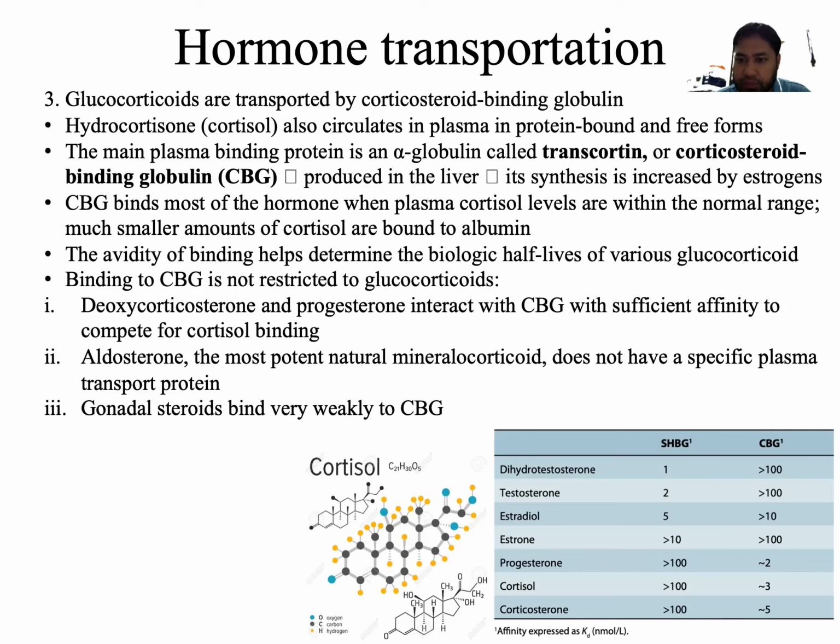You can see SHBG is a glycoprotein. They are binding globulins, meaning they are transport proteins. They can carry only one molecule of dihydrotestosterone. SHBG can carry only 2 testosterone, 5 estradiol, or more than 10 estrogen, more than 100 progesterone, cortisol, and corticosterone.